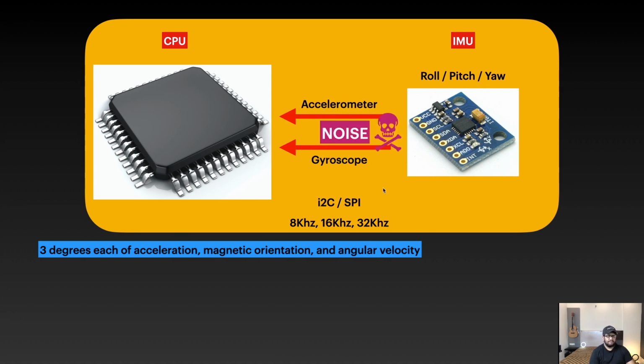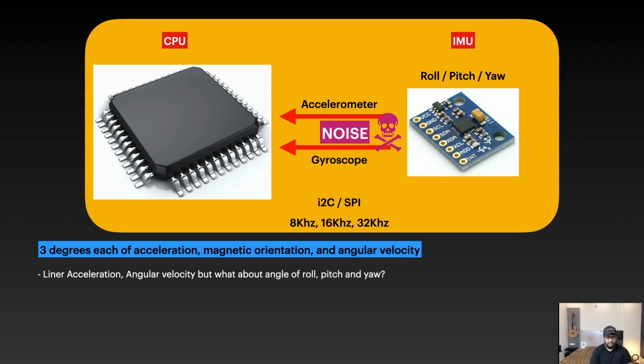The problem often seen in this kind of communication is noise in the system, and the noise sources can be anything. It can be noise coming from the vibration of your drone or your motors. Maybe your motor is not correctly mounted and it's vibrating when it's rotating. These kinds of problems are very common when we are talking about communication between the IMU and the CPU.